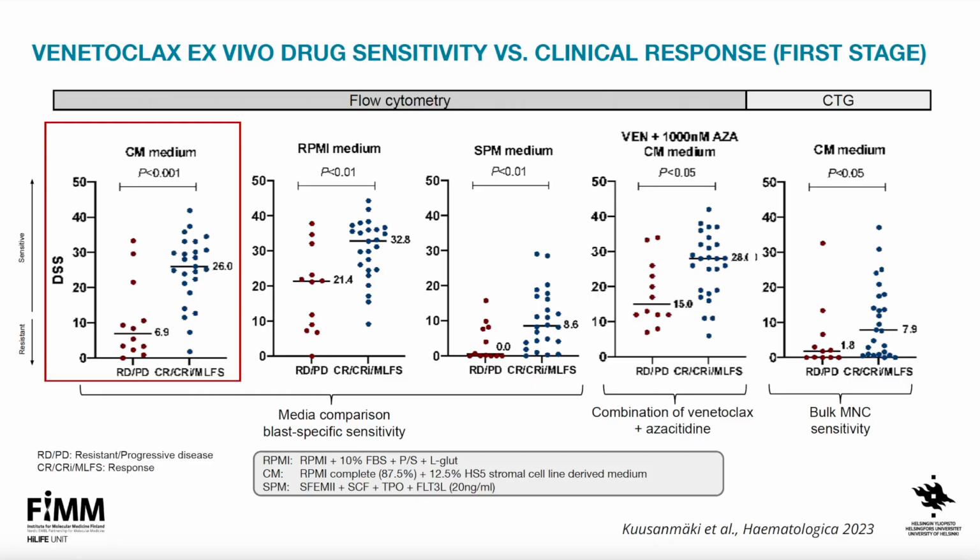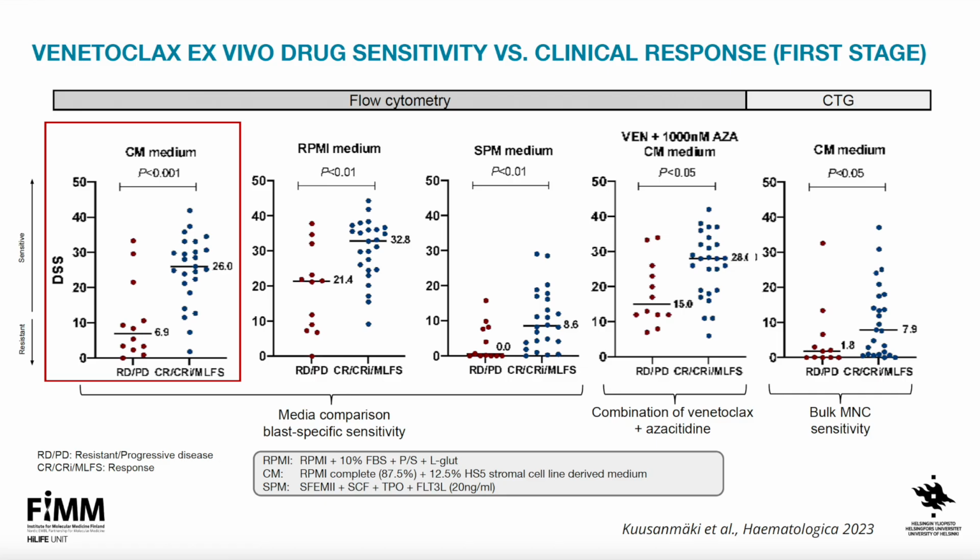Doing the analysis by flow-based analysis, and then also by bulk viability readout by CellTiter-Glo, the group could see that for patients that had refractory disease or progressive disease, their ex vivo response was quite low compared to those patients who had a complete response.